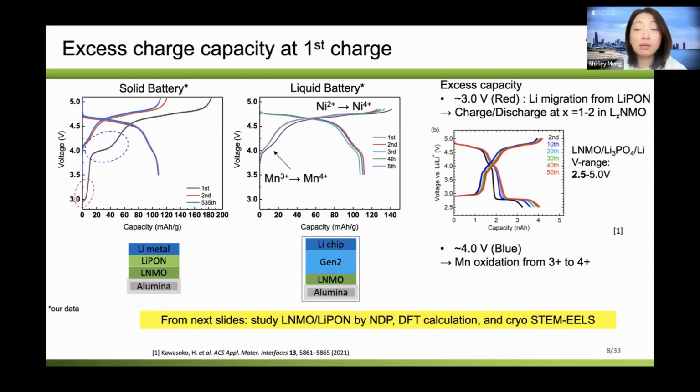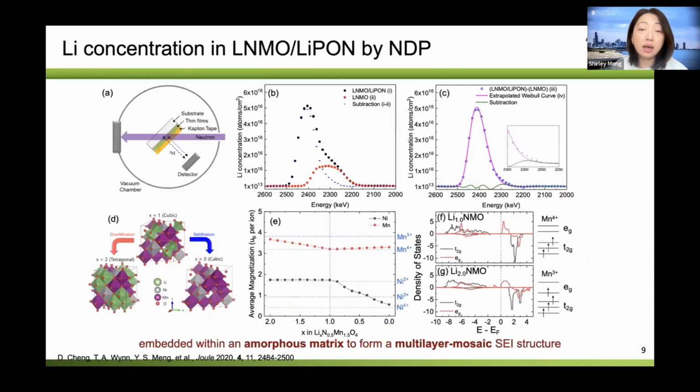So we then worked collaboratively with scientists at NIST and used neutron depth profiling to try to understand the lithium-LNMO interface a bit better quantitatively. This is the structure of the LNMO spinel.